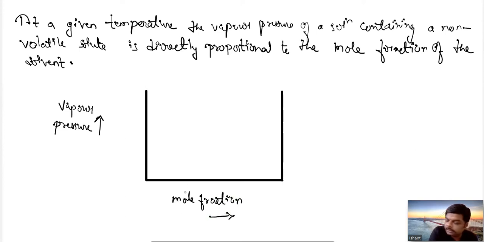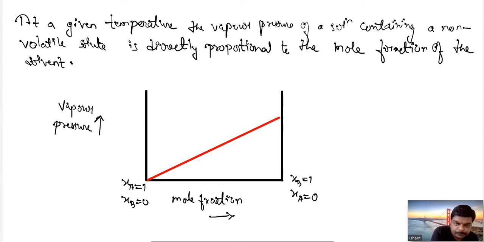Here XA equals 1 and XB equals 0 at one end, and XB equals 1 and XA equals 0 at the other. The total vapor pressure will depend only on the solvent's vapor pressure, because no vapor pressure is contributed by the B component, the solute.